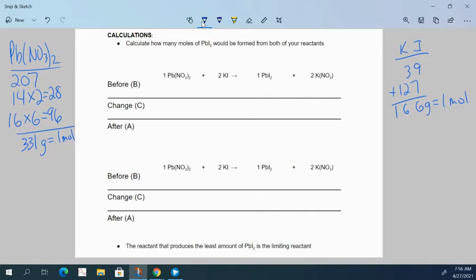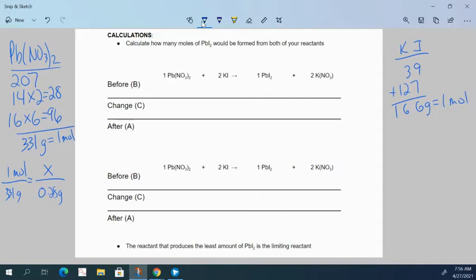Okay. So for Pb, 1 mole is 331 grams. We don't know the moles, but we do know that we used 0.28 grams. So we're going to have a really small number of moles. This is going to be 0.28 divided by 331.